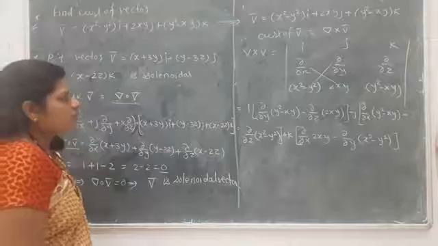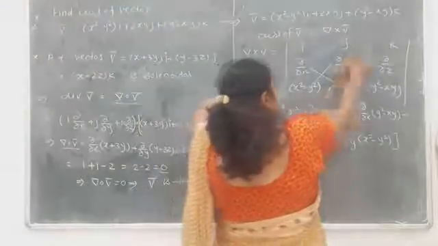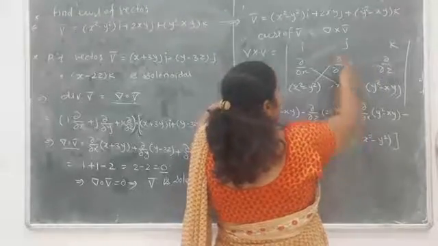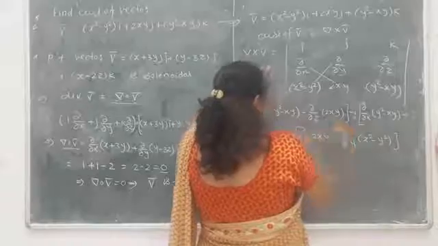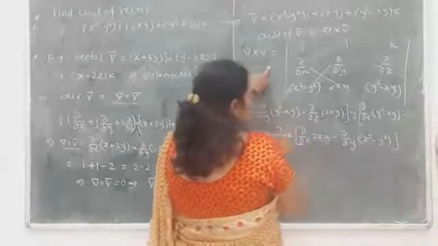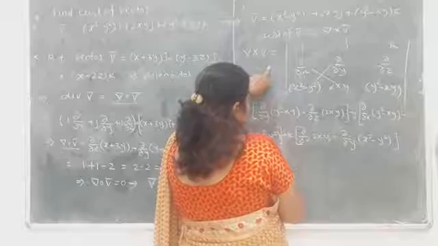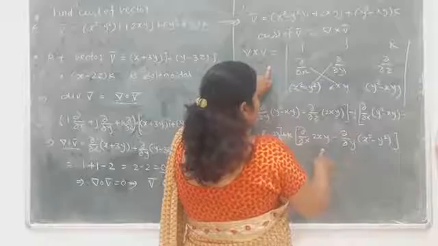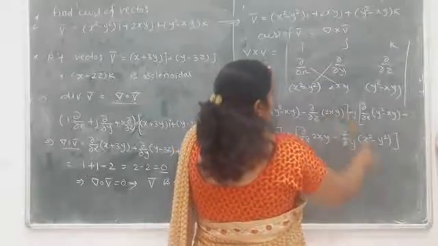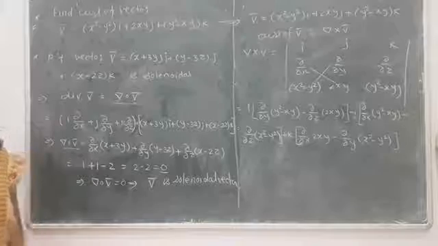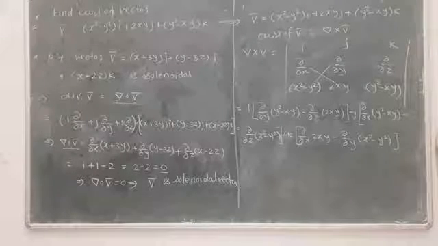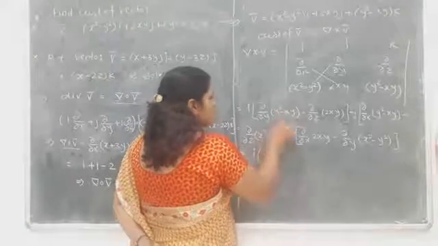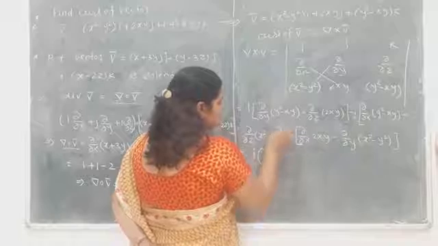In this way we write the terms of the determinant: i into ∂/∂y of this term minus ∂/∂z of this term, then minus j into ∂/∂x of (y² - xy) minus ∂/∂z of (x² - y²), plus k into ∂/∂x of 2xy minus ∂/∂y of (x² - y²). Now we calculate this. Finally you get i into ∂/∂y of this term, so the derivative of only y² is 2y.